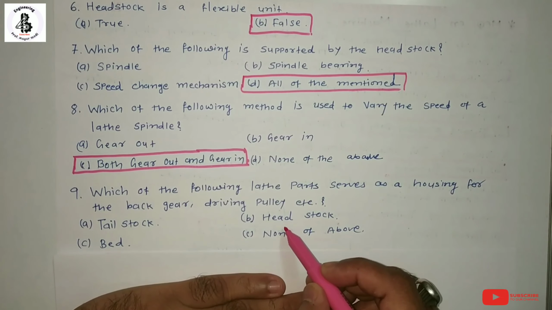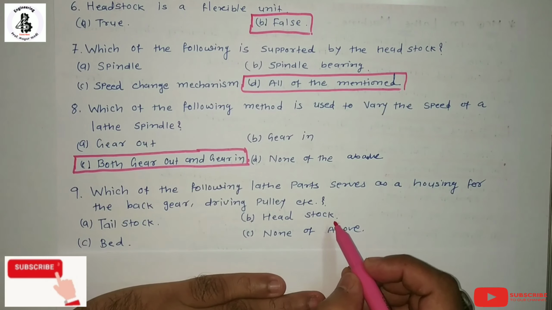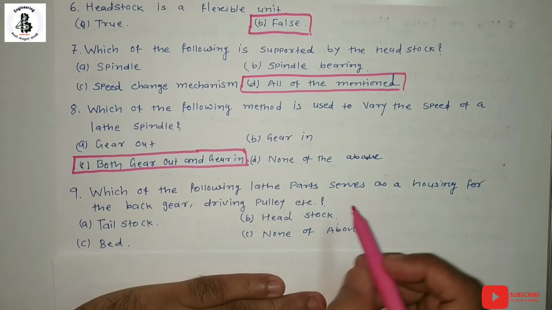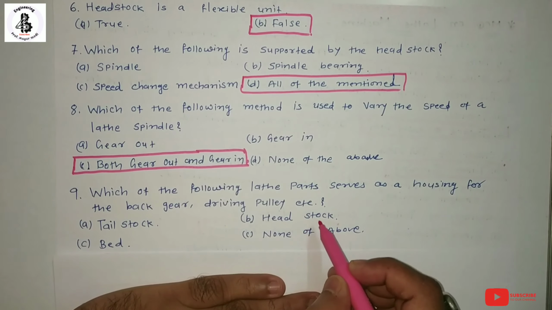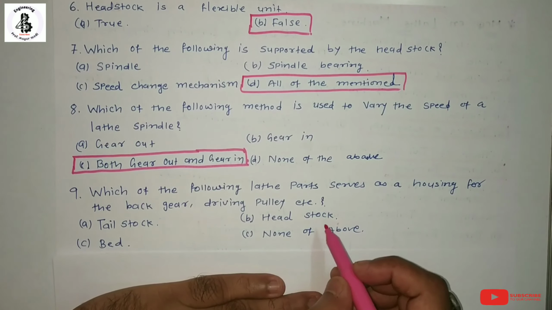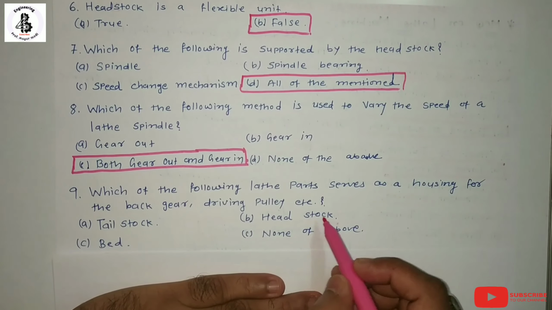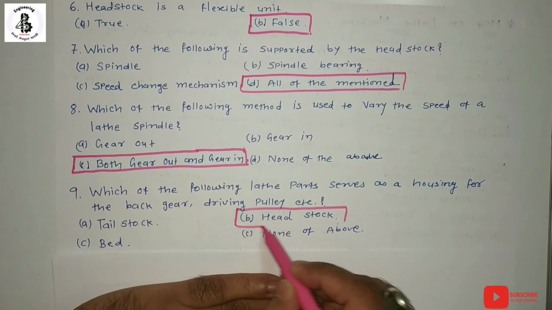Option B, headstock, is a fixed member with all the control units inside it. All the back gears and driving pulleys, which are used to control the speed of the spindle of the lathe machine, are in the headstock. So the answer is headstock.